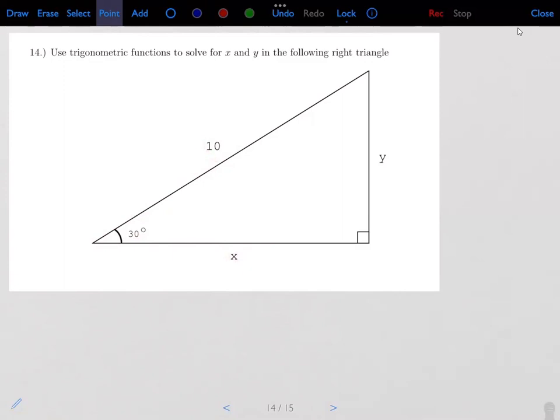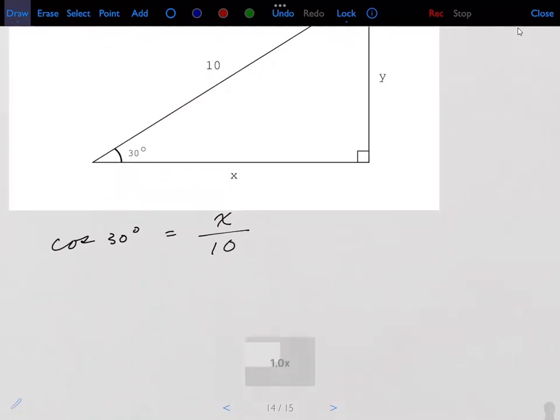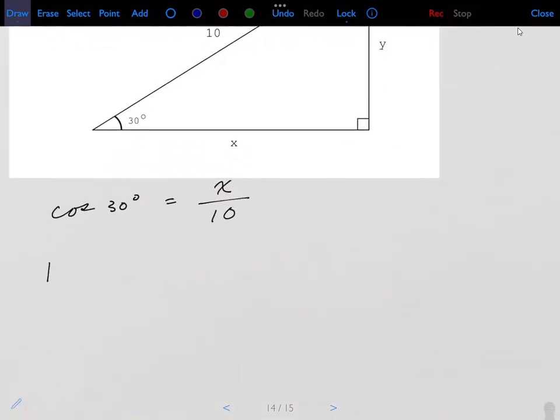That's cosine, right? SOHCAHTOA. So I know that cosine of 30 degrees must equal the length of the adjacent side divided by the hypotenuse. So now if I multiply both sides by 10, I can solve for x.